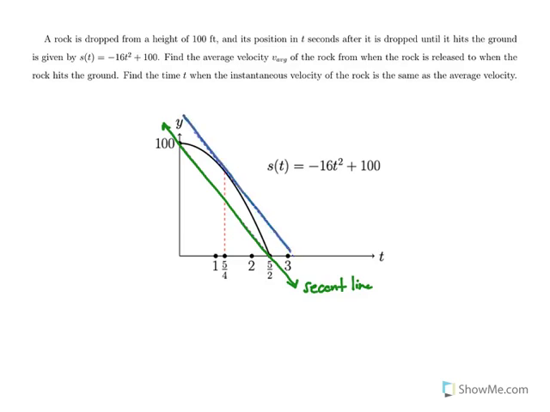And we found that there was a tangent line that was parallel to that secant line, and that occurred at 5 fourths. And we knew that was going to exist based on the mean value theorem.